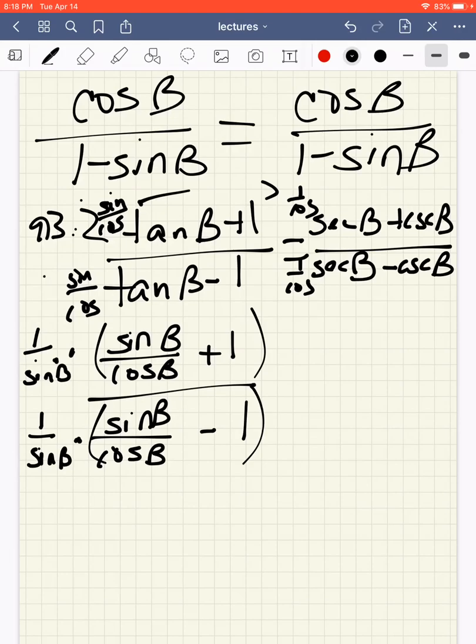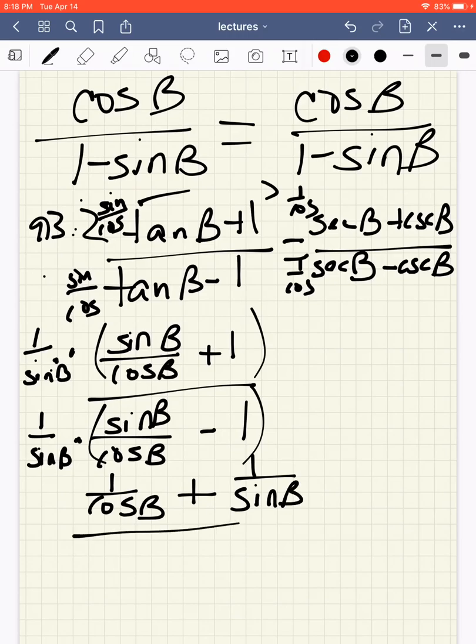So here the sines cancel and we have 1 over cosine of b. Plus here, 1 times 1 over sine is 1 over sine. Down here, the sines cancel again, so we have 1 over cosine of b. And then 1 over sine times a negative 1 is minus 1 over sine of b. And what is 1 over cosine?